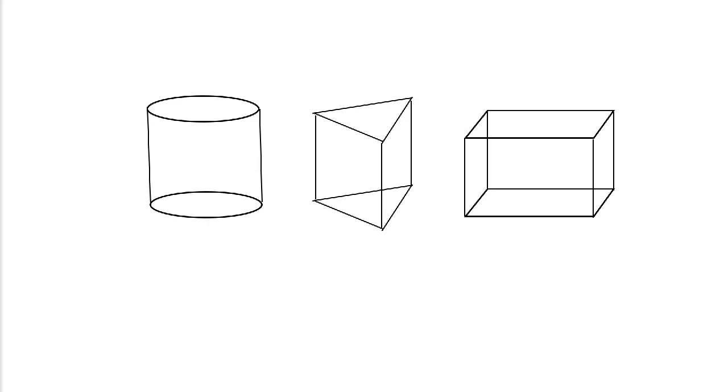A prism is a base, like a circle or a triangle or a rectangle, extruded through a width or a height, which means the volume of any prism equals the area of the base times the height or the depth. So that's the height, that's the height, that's the height.